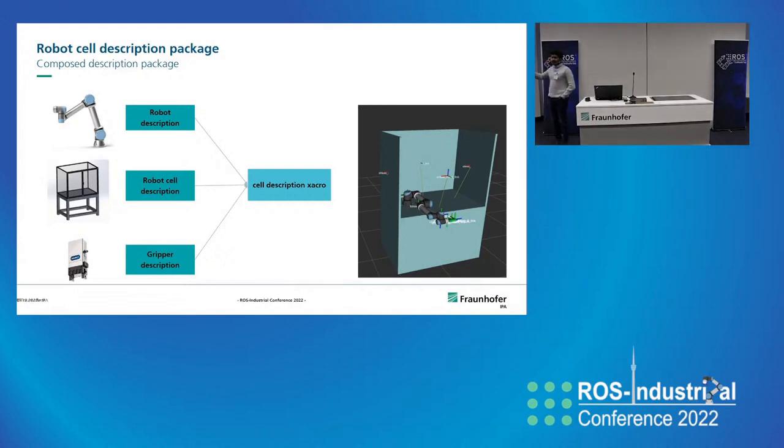And even for the Schunk gripper, we created a mock demo using primitive shapes. So this is one problem that we observed during this process. To simplify that, there is an option to use FreeCAD or some other software to simplify the meshes and then export them again. But for simplicity, we just went ahead with this.